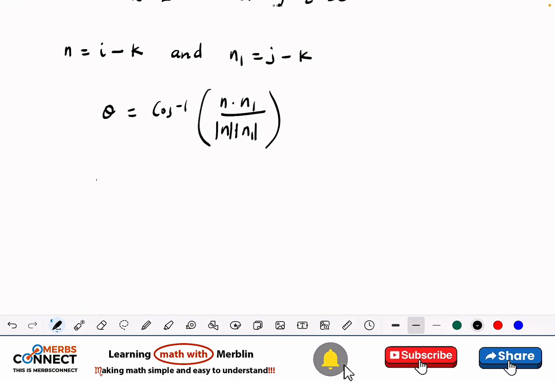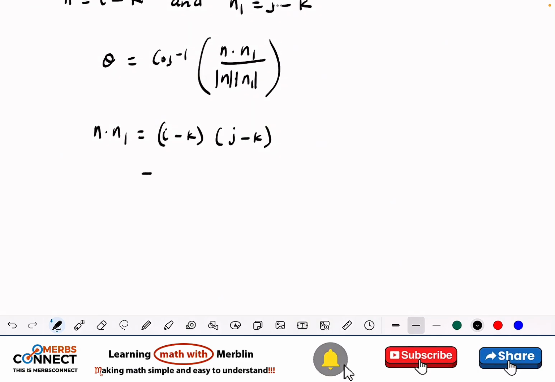We just need to know n dot n1. What are we going to get? i minus k, then j minus k. So remember, we need to dot direction by direction. So i times, we don't have i here, so the i here is 0. So it's going to be i times 0, and it's going to give us 0, right?